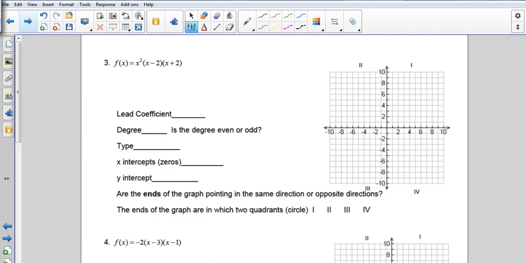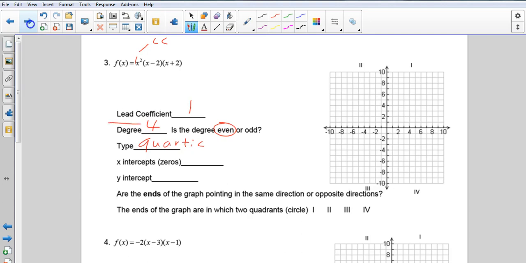Okay, 2 more of these. So we have x squared, 1x squared times x, which is going to lead to a lead coefficient of 1. The degree, x squared times x is going to be the 4th degree, which is even. Type, quartic.